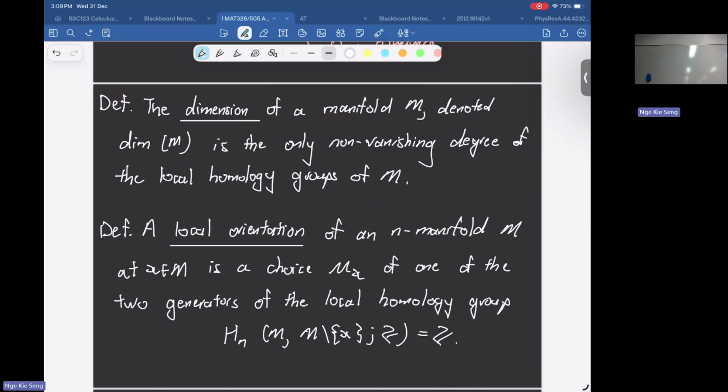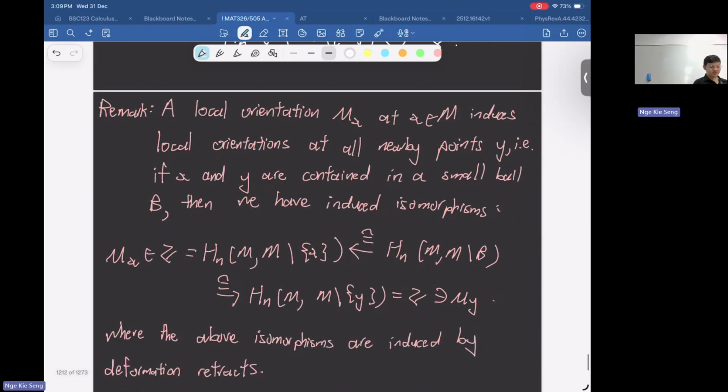So now you can relate your orientation to Z. If you have this local orientation, it will determine the local orientation at all the nearby points, because you can make your relative homology a bit bigger and then split it to another point. Then they will have the same generator, I mean isomorphic generator, using deformation retract.